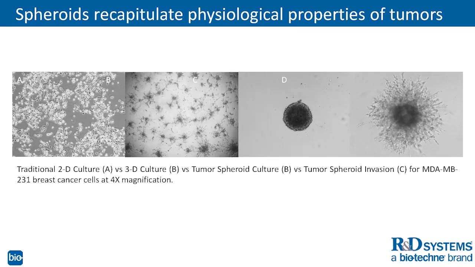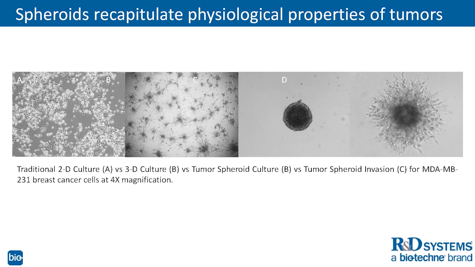Okay, this next slide represents different cell models for the same cell line. These are MDA-MB-231 breast cancer cells. Figure A is 2D culture, where the cells form a monolayer. You can see a cobblestone morphology.